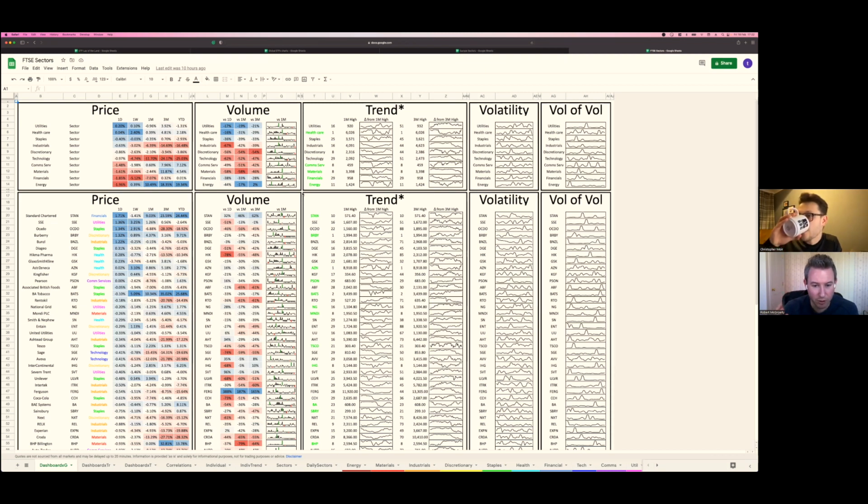145-ish basis points for the 10-year, the GBP 10-year note. It's one of the highest in the world, so it's attracting investment funds and therefore increasing the value of the pound.